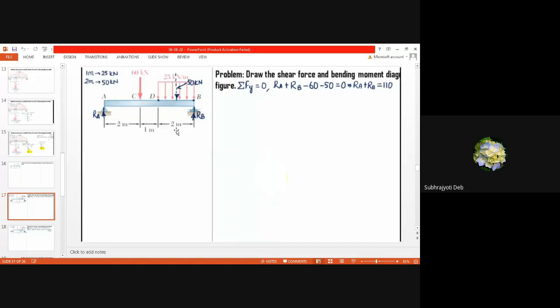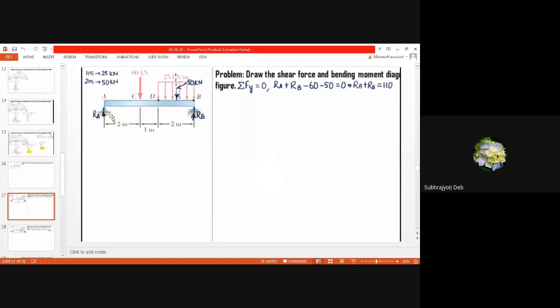Here the distance from D to B is 2 meters, so for 2 meters the total load is 50 kilonewton, and it will act at the middle point, that is, 1 meter from B. We also have a reaction force at point A, RA, and a reaction force at point B, RB. Always we have reaction forces at the supports.